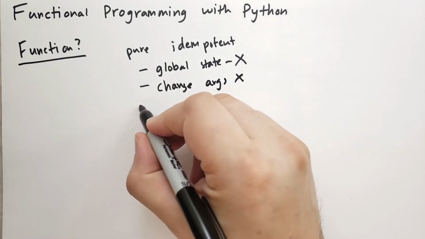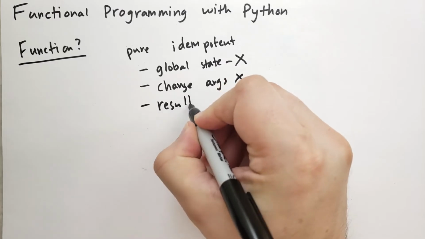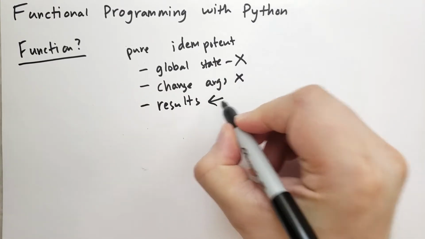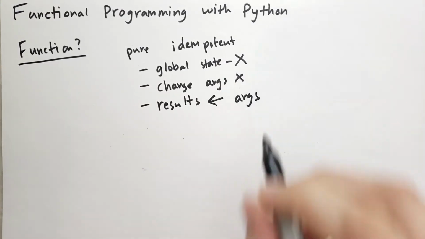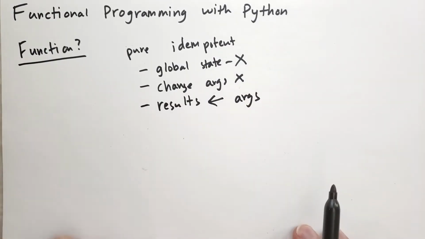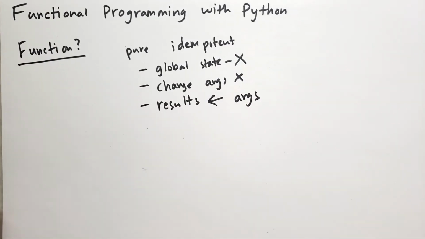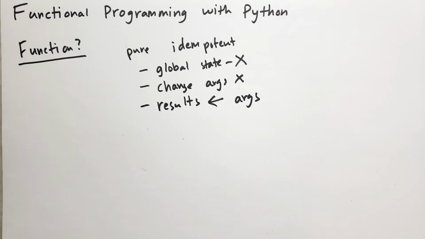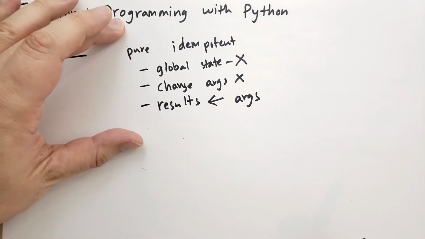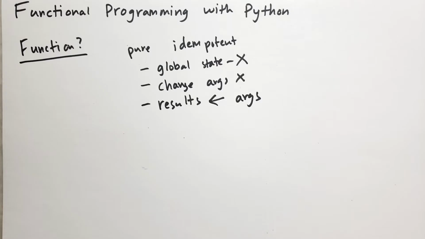Also, the results depend entirely on the arguments. Because you don't change the global state and the objects don't change, then you know that if you call it with the same objects again and again, you're going to get the same results. Again, I encourage you that if you can write a pure function, please write a pure function. In fact, find an excuse to write pure functions if you can.